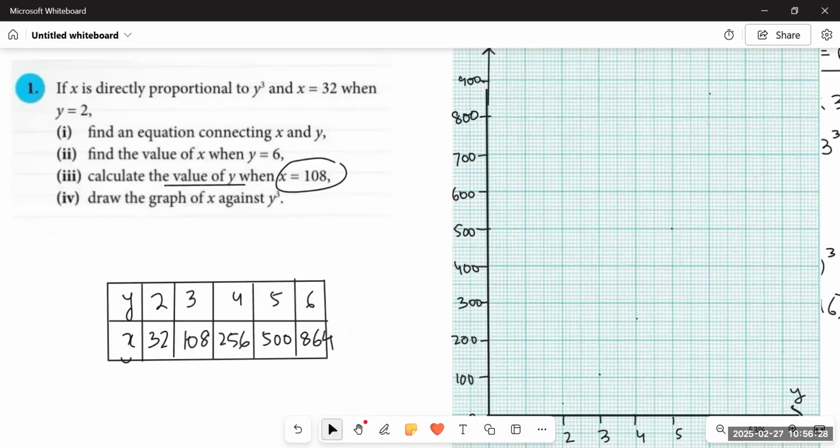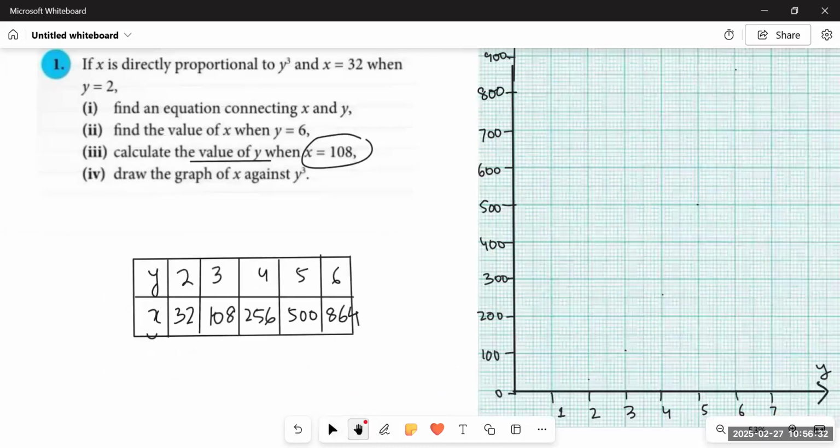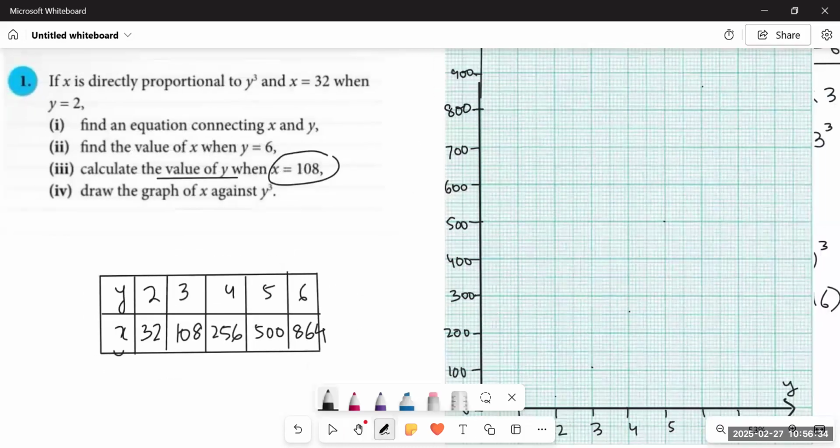Instead, it would be a curved line. So this is how the graph will be drawn.